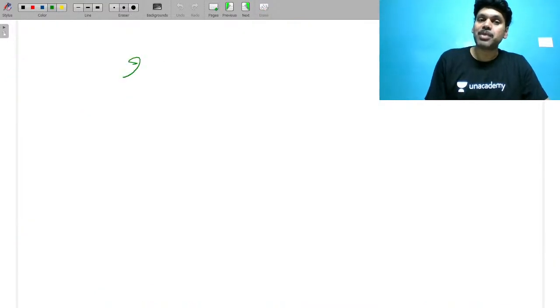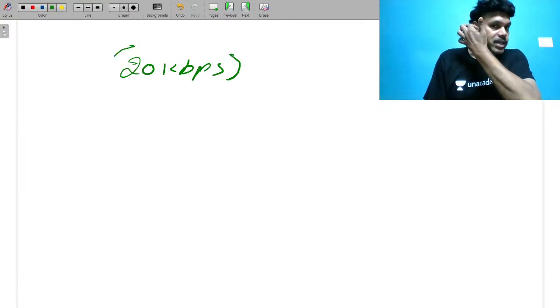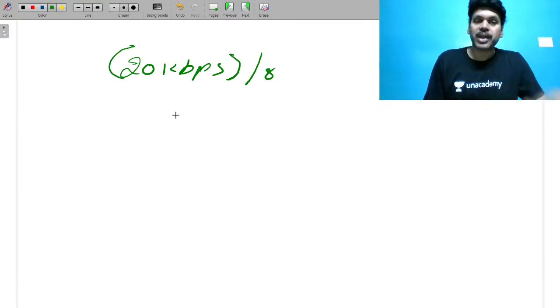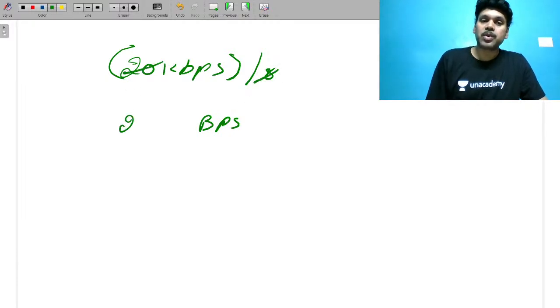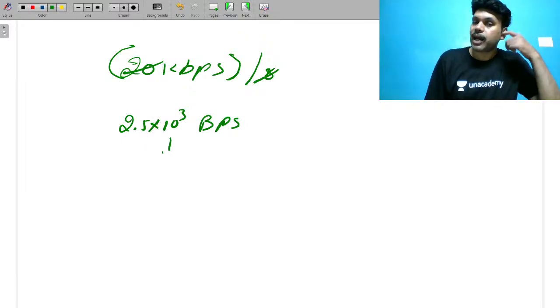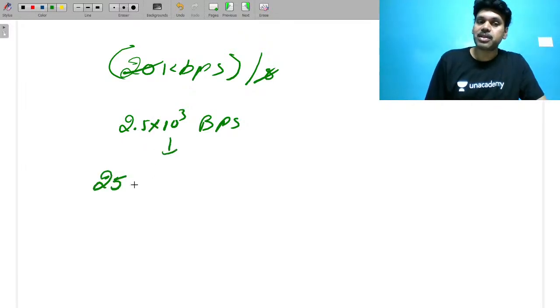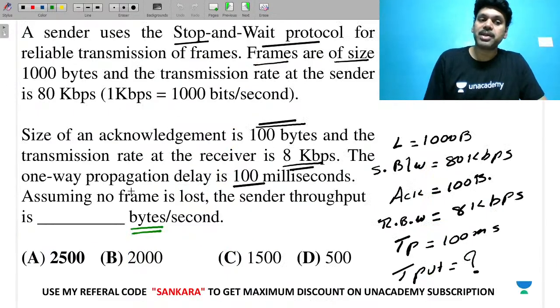Your 20 kbps divided by 8, so you get the answer in bytes per second. This is 2.5 kb, where kb is 10 power 3. I can still squeeze it: 2500 bytes per second. So your answer is 2500 bytes per second.